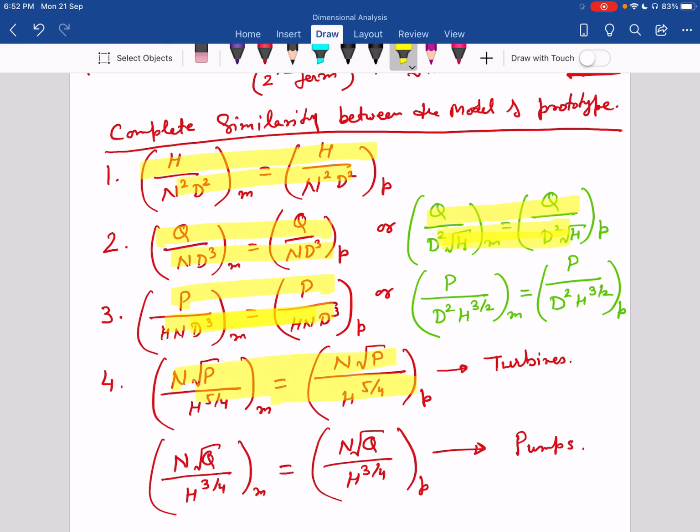Instead of 3, I can also use this one. Now in case of pumps, I can use this one. I can use this or this, and this equation.